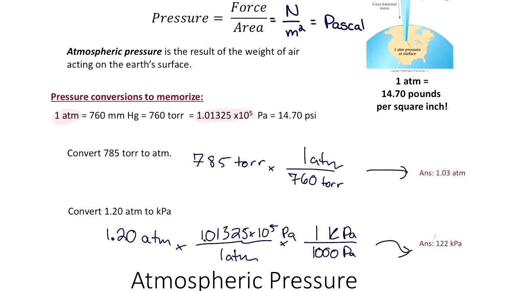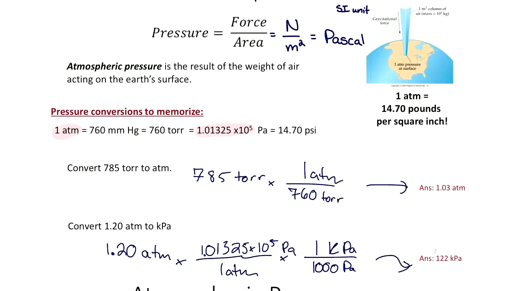Okay. All right. You want to hear a really bad joke? Yes? Okay. So remember, Pascal's the SI unit for pressure. Einstein, Newton, and Pascal are in heaven because they're dead, and they're playing hide and seek. Einstein closes his eyes and turns around and starts counting down from 100.